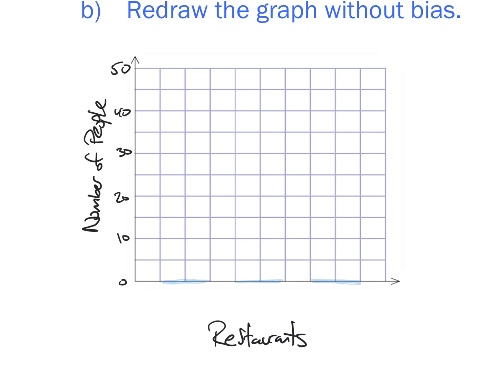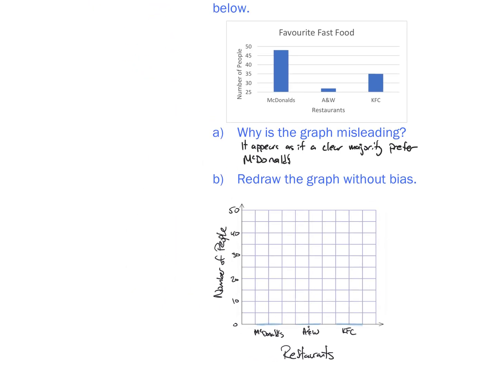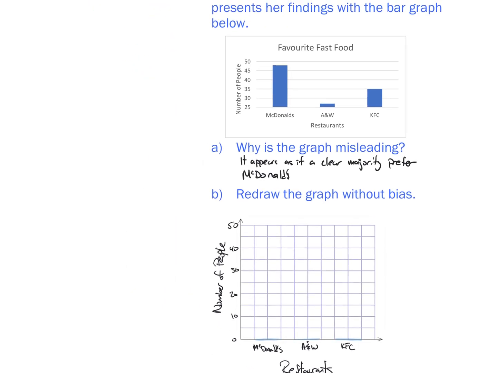But we can put the labels down. Of course, that would be McDonald's, A&W, and Kentucky Fried Chicken. Now, how many people like McDonald's? Now, we can't tell exactly, but we should be able to get pretty close. What do you think?